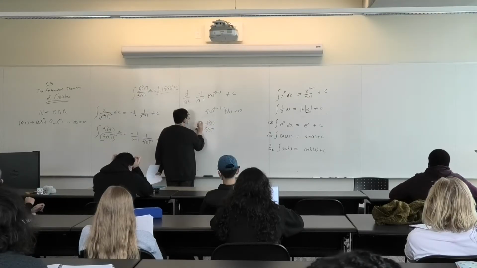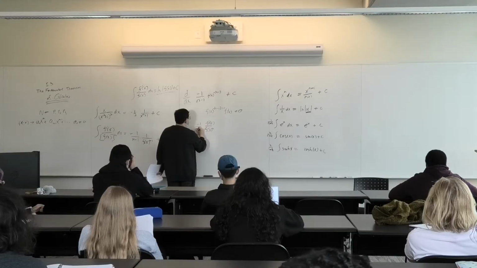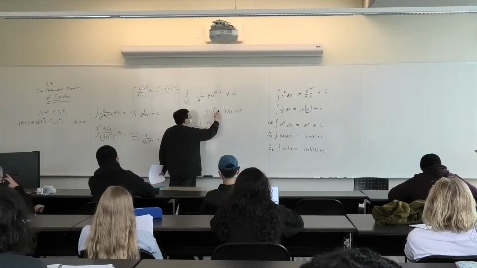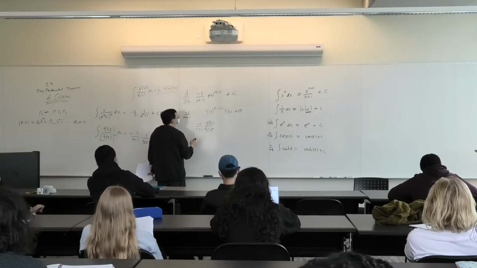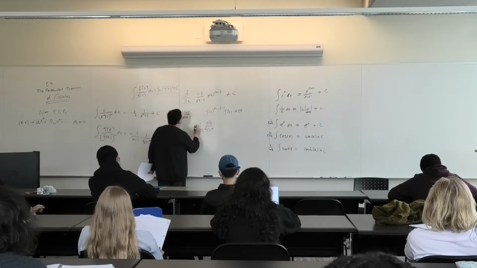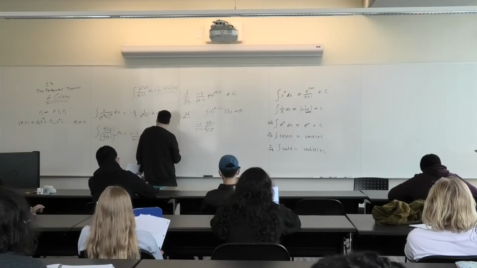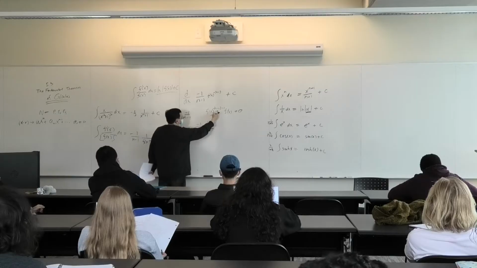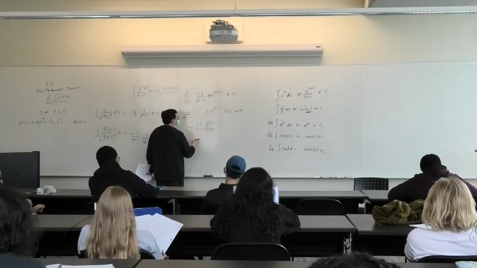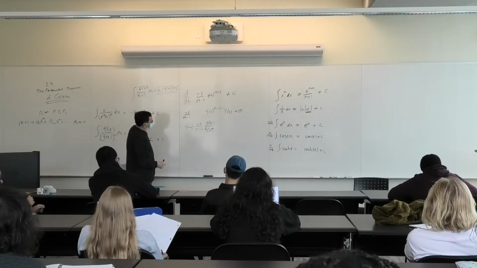Oh, but we have to multiply that by negative n minus 1 as part of the chain rule, as part of the power rule.